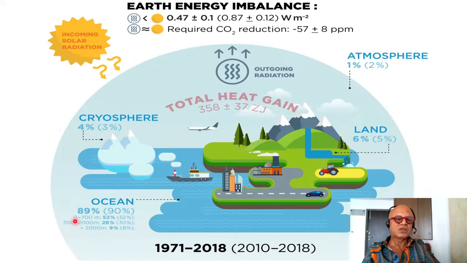And the ocean has gained 89% of this additional heat from 1971 to 2018, and 90% since 2010. And 0 to 700 meters is 52%, 700 to 2000 meters is 28%, and greater than 2000 meters is 9%.